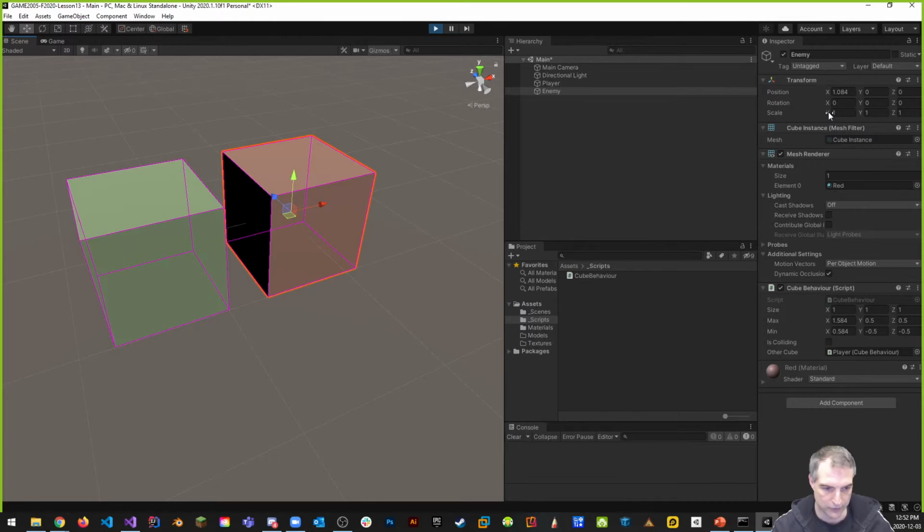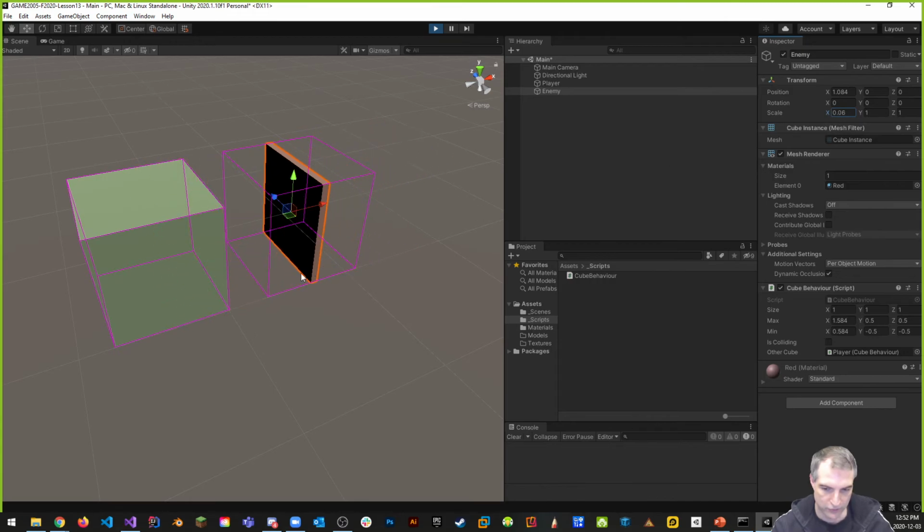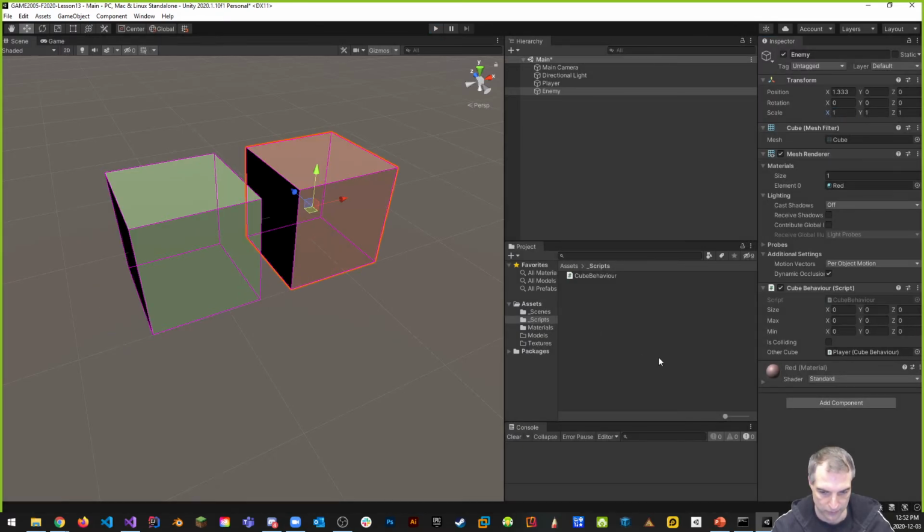For example, in real time, if I change these, we don't have an overlap. Our bounding box remains as it was, like we said before. It doesn't change along with everything else. If we want our bounding box to change, we need to adjust it according to the scale of our object. Okay, and this is the last thing we'll do.